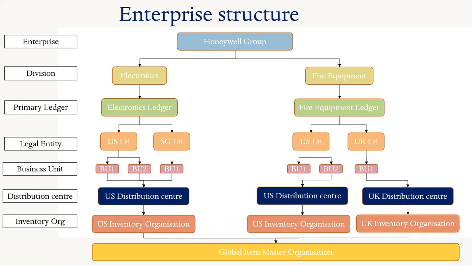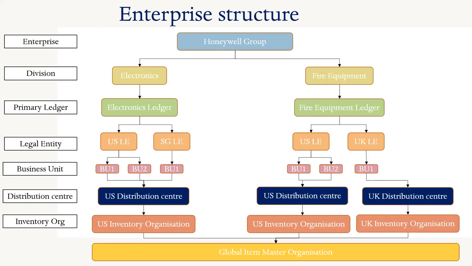So what is the enterprise structure? How is this different from MOAC that we have in R12? Here I have taken Honeywell as a use case. If you see the entire structure list, we have the legal entity, the primary ledger, the inventory org, and the business units, which are already defined in R12 as well.